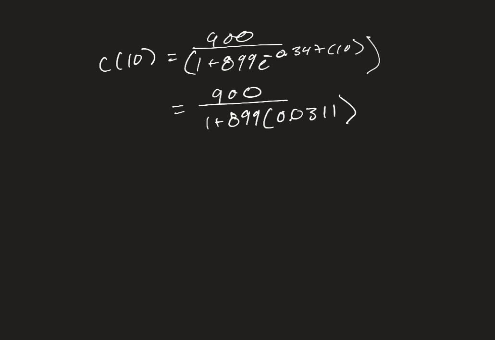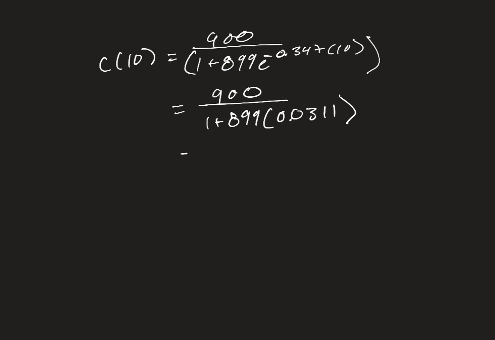I'm just going to leave it in my calculator, not round, and multiply. If you hit a multiplication or division function at the beginning of the next line, it'll use the previous answer times whatever you're doing. So answer times 899, and then plus 1.